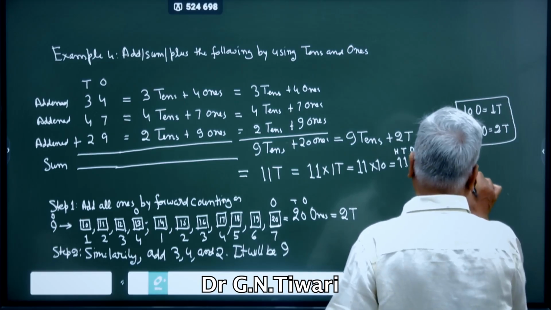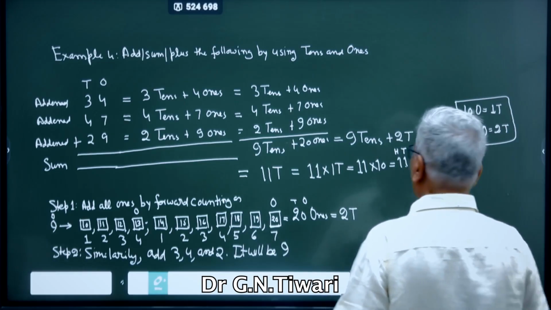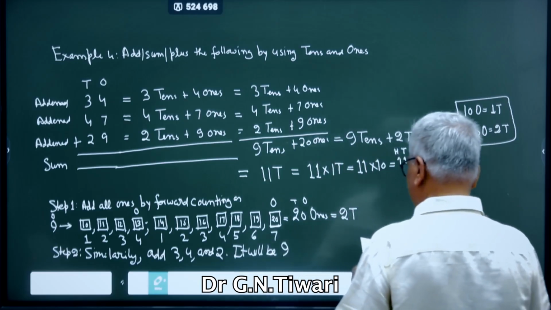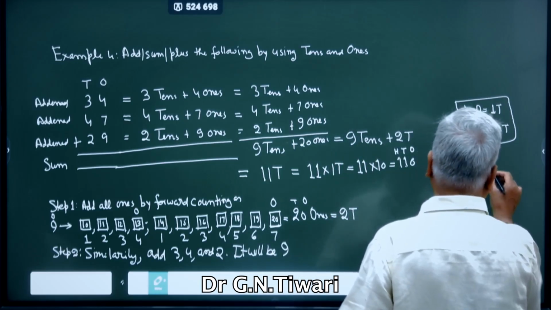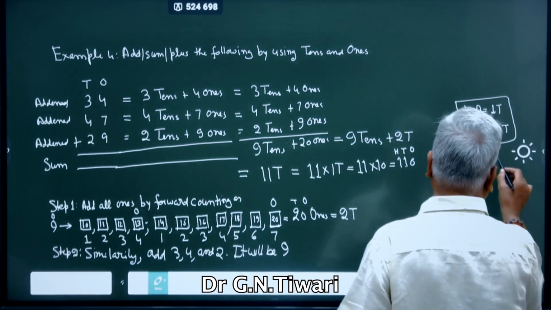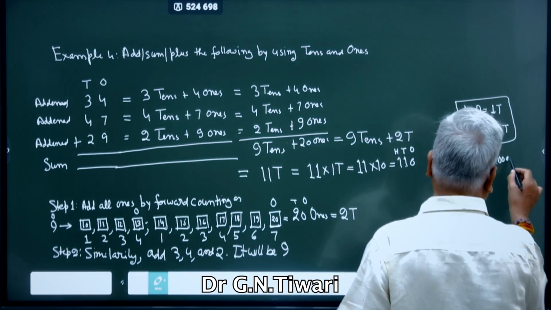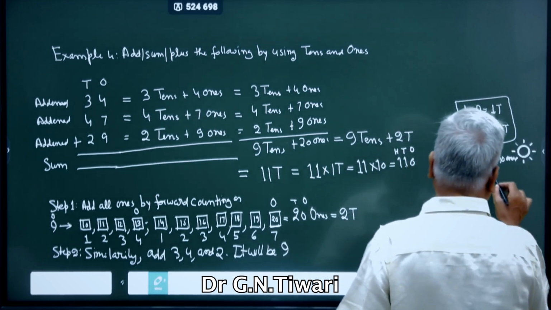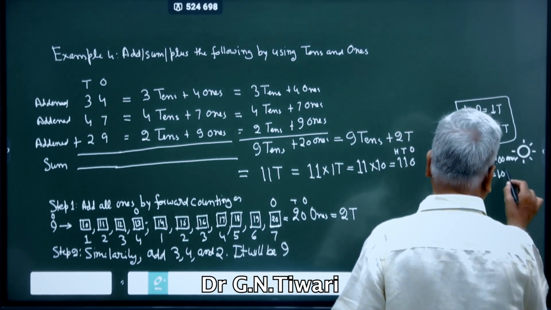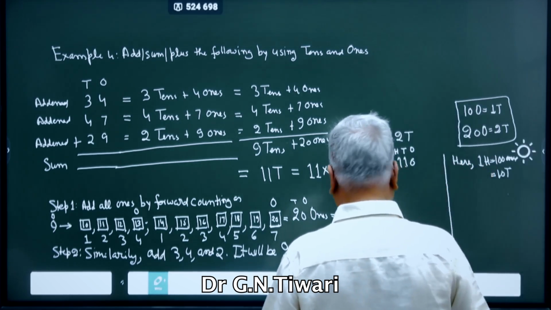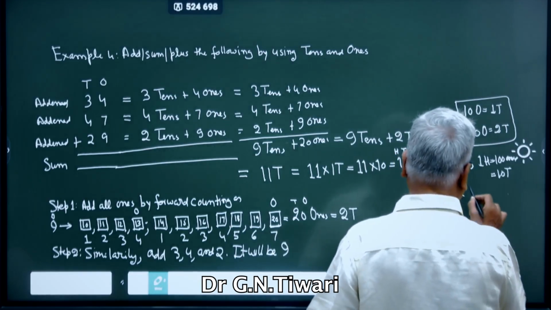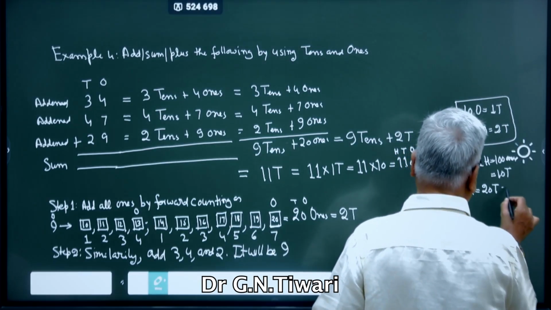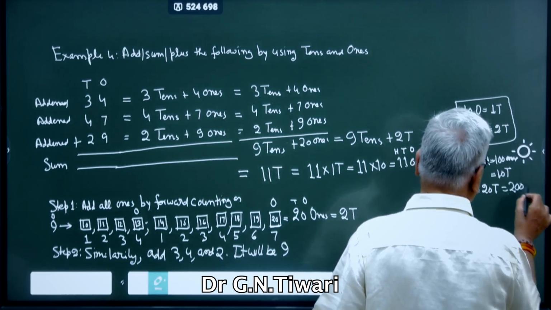Even in the following questions, this will be used. Here, 1H is equal to 100 ones, and this is also 10 tens. Then 2H is equal to 20 tens or 200 ones.